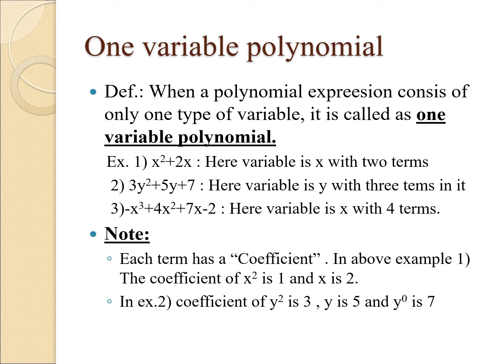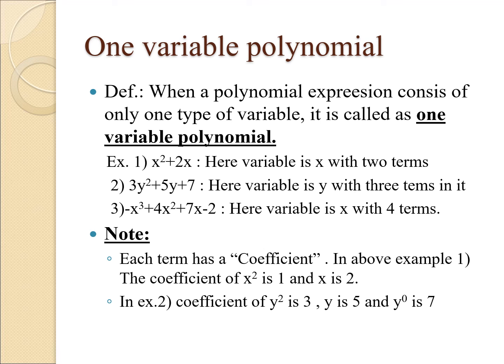Now one note: here there are 2 terms, here there are 3 terms, and in the third example there are 4 terms. Each term has a coefficient. So in the very first example, what is the coefficient of x square? The coefficient means the constant term with a variable.